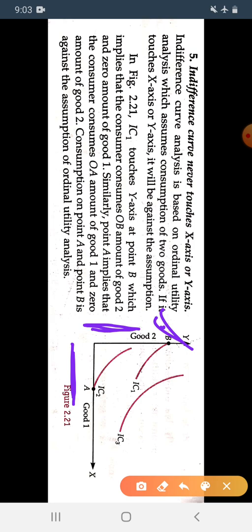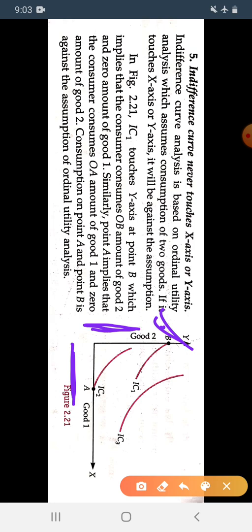We are not going to 0. We assume that we consume something, and if it becomes 0, it means we are not consuming a combination of the two goods.